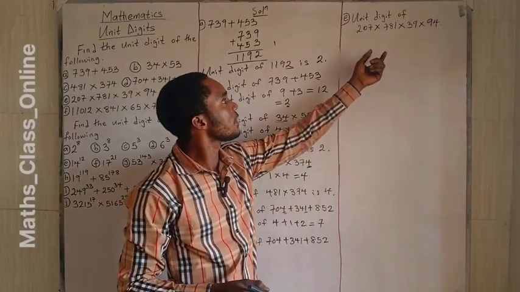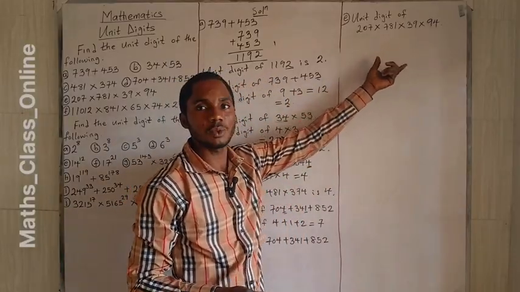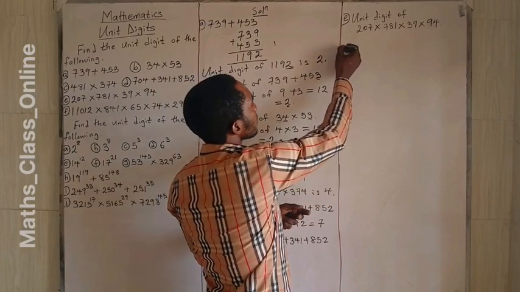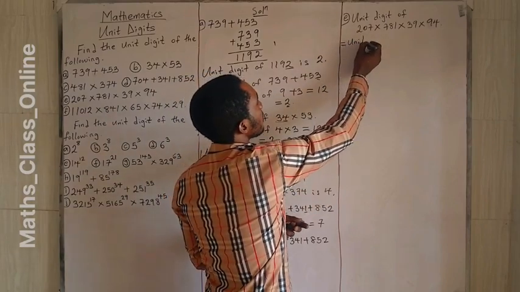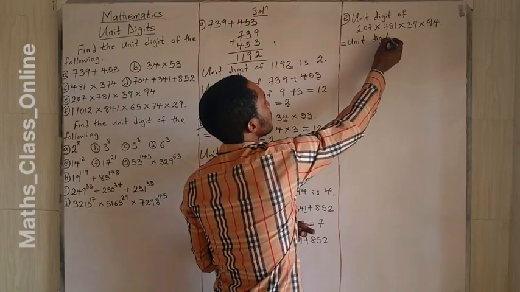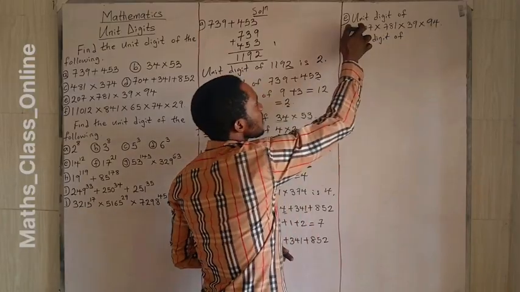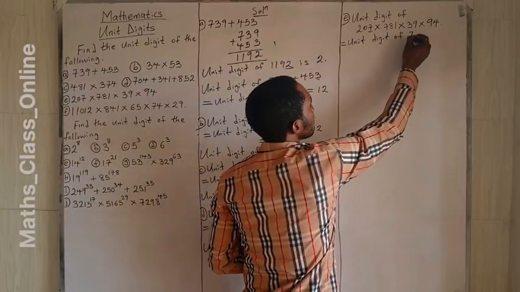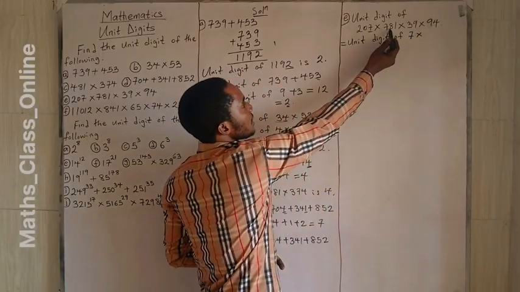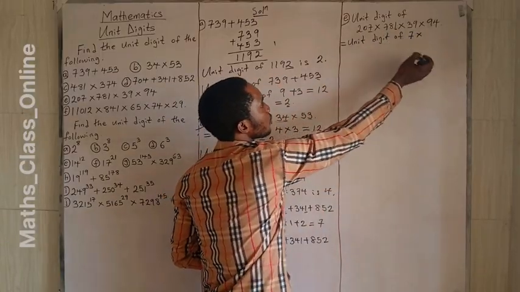Next example: the unit digit of the multiplication of these four numbers is the same as the unit digit of, what is the unit digit of 207? That is 7. 7 multiplied by unit digit of 781, that is 1.